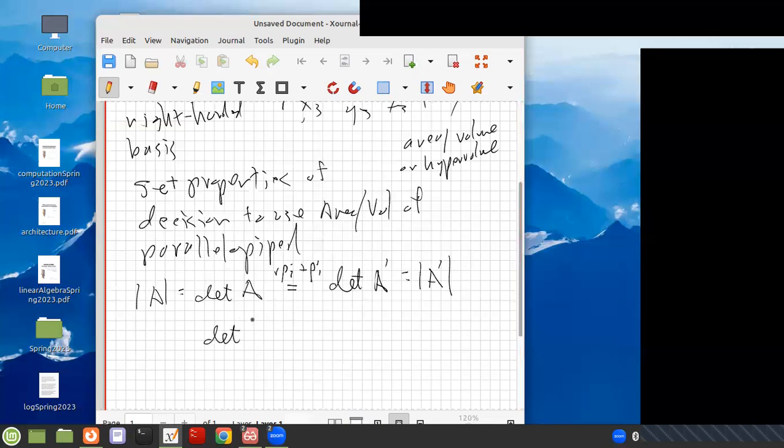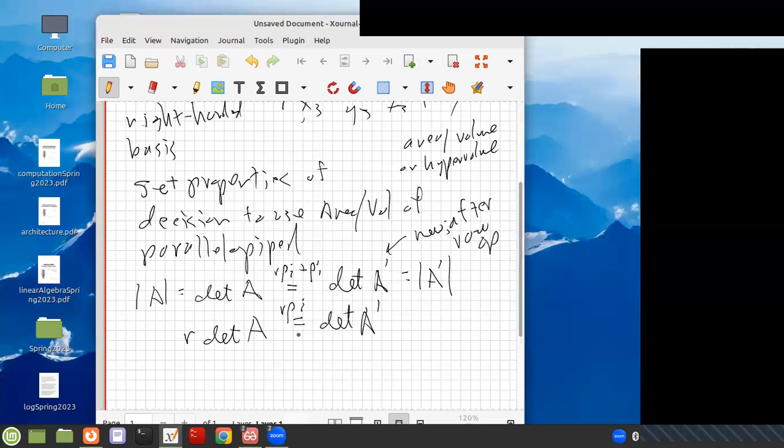So the determinant of A scaled up, like r times row i, if I scale it by r, then it's r times the determinant of A prime. A prime is the new one, after the row operation.